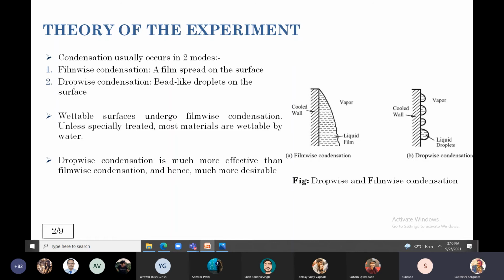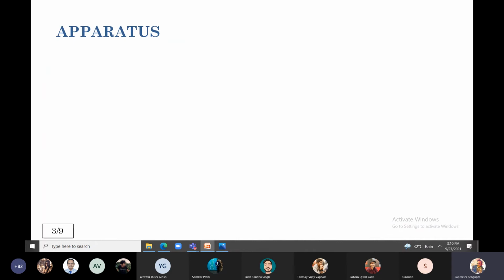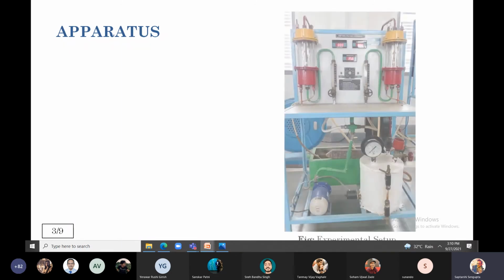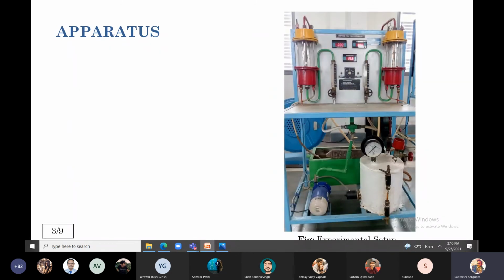Okay. So we have discussed dropwise and filmwise condensation. Now let us look into how we are going to implement that sort of condensation regime in an experiment. So this is the experimental apparatus that we have used in our experiment.